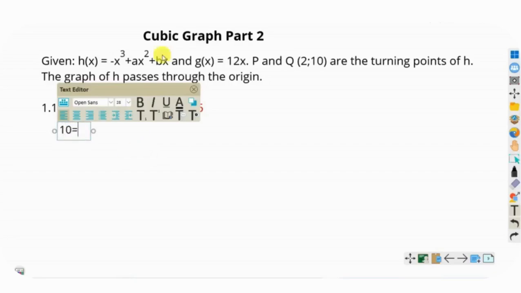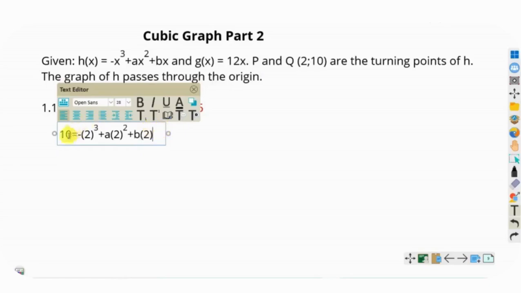10 equals negative x cubed, x is 2, plus ax squared, a into x squared with x is 2, plus bx, x is 2.